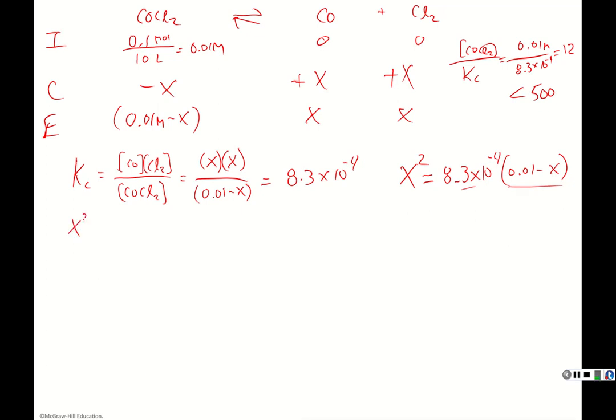We get x squared equals, let's say, 8.3 times 10 to the minus 4 times 0.01 minus 8.3 times 10 to the minus 4 times x.